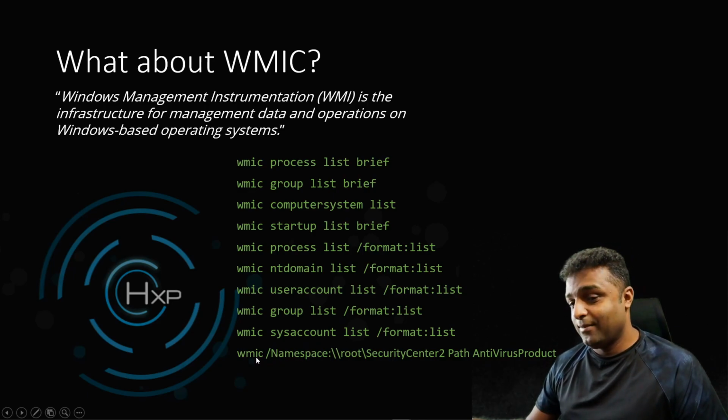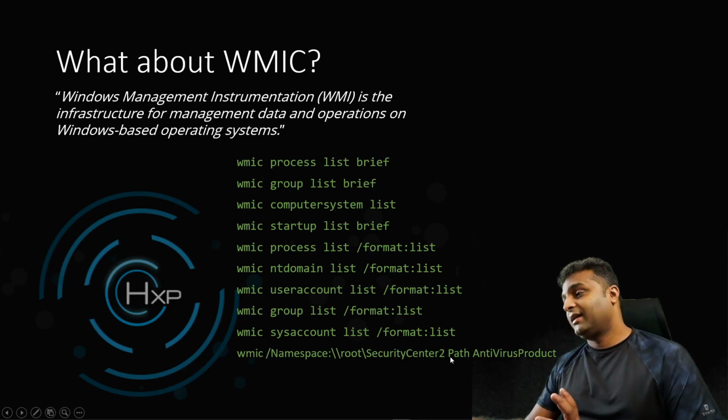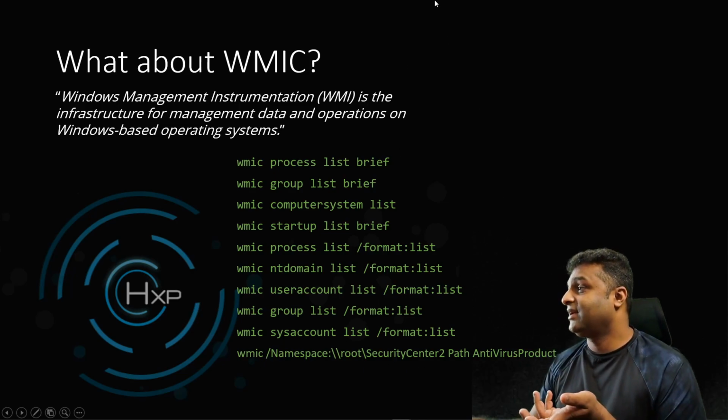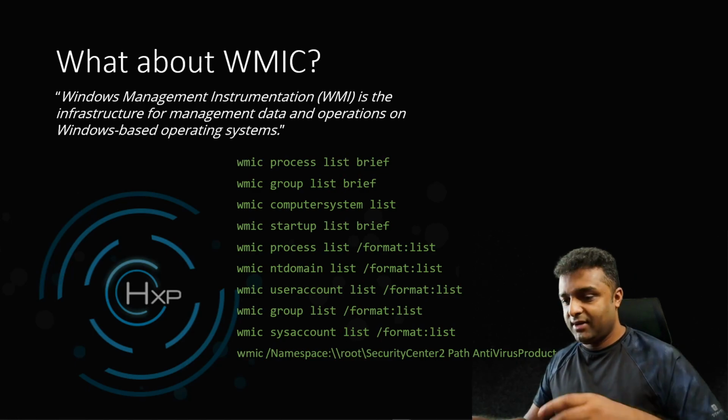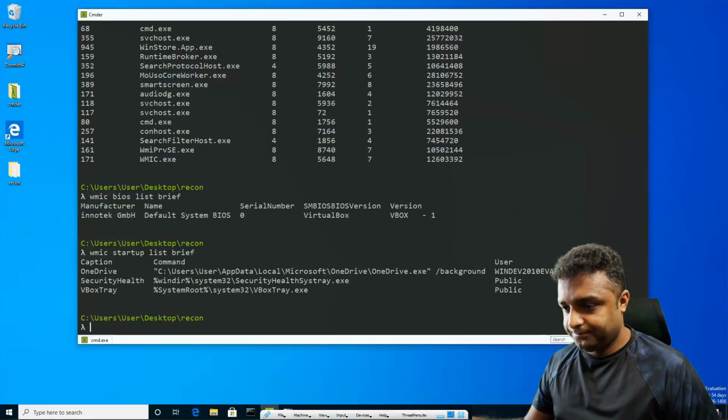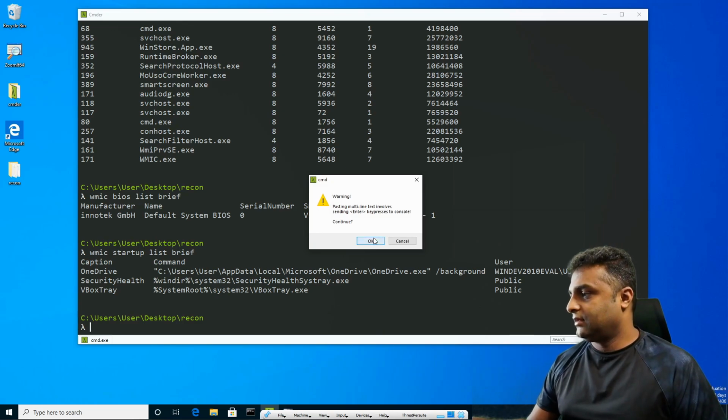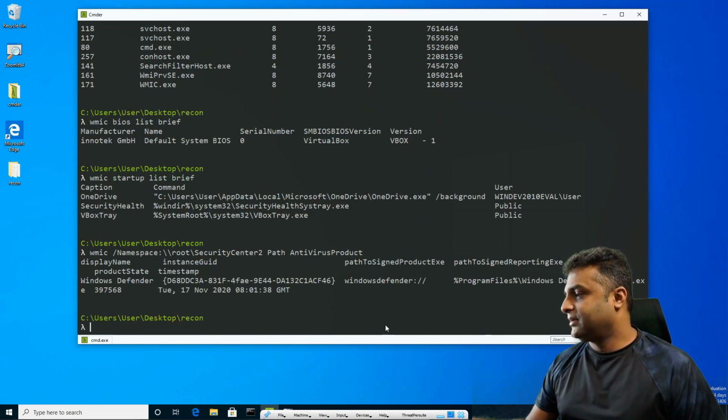Okay, I can see another interesting thing. You can actually get what type of antivirus you are running over here. Let me try that one also. Yep, there's a lot of commands. So the antivirus product that we are using over here is Windows Defender.